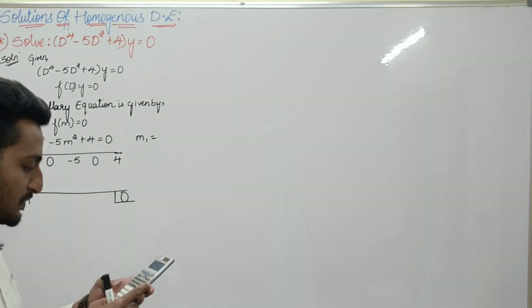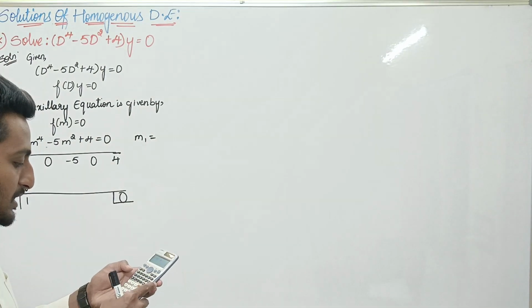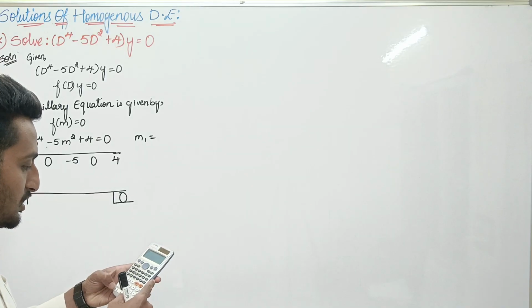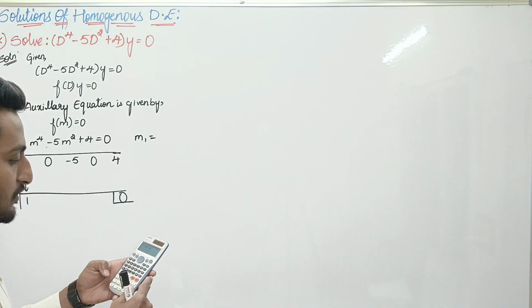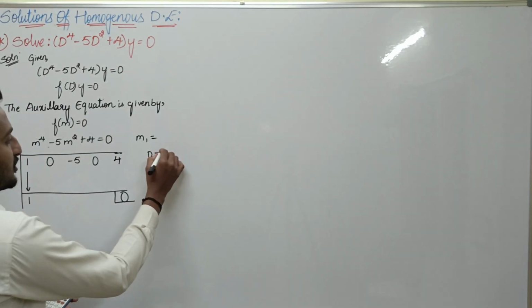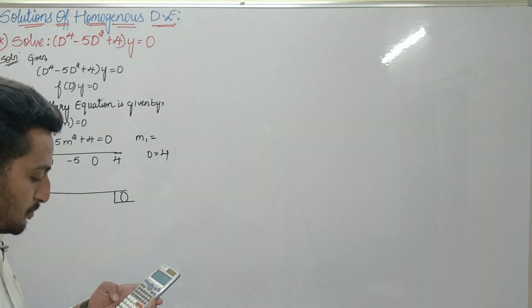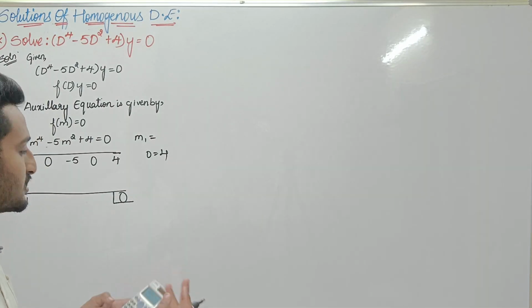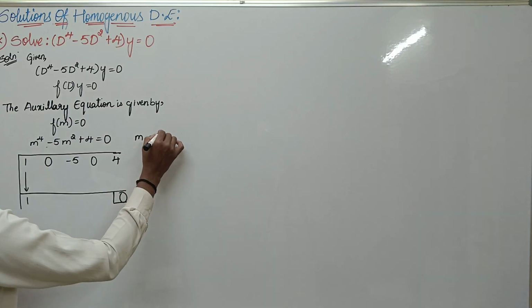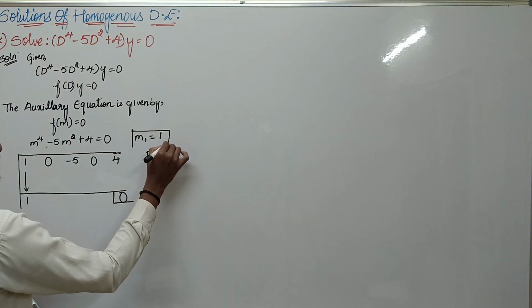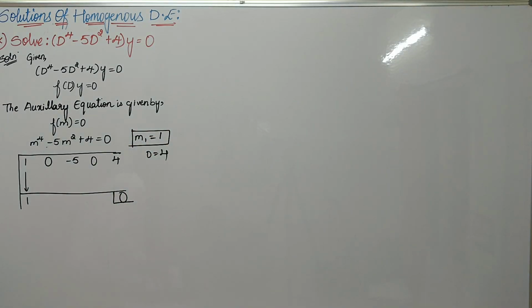Start with 0. If I give 0, after this press calc. Now give the values of x. If I give 0, I am going to get 4. Now let us go with 1. Give 1, and you get 0. So the first root of the auxiliary equation is 1.